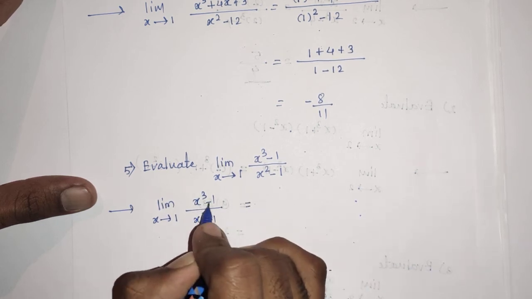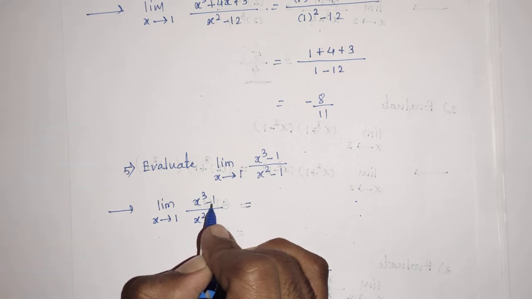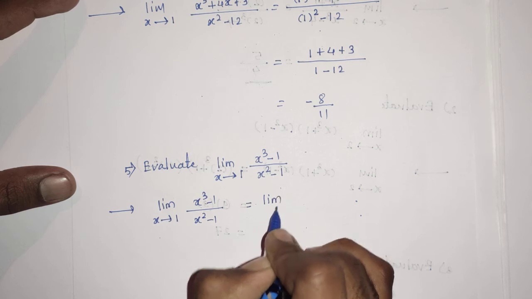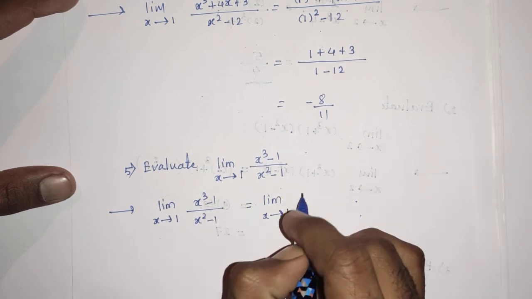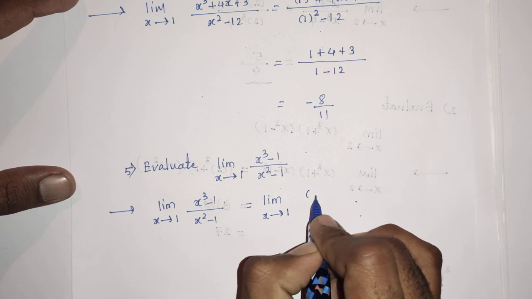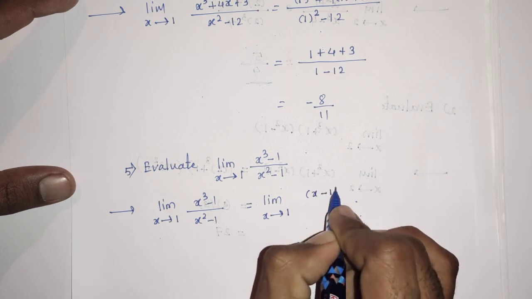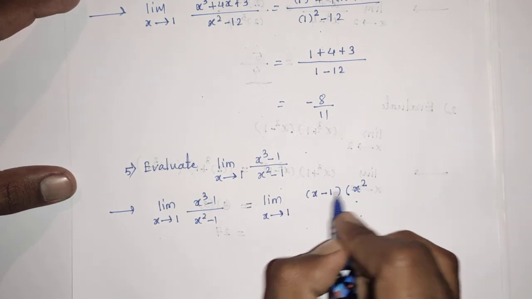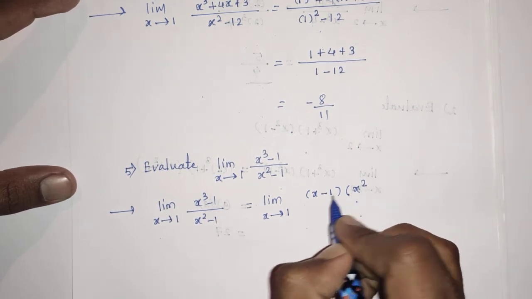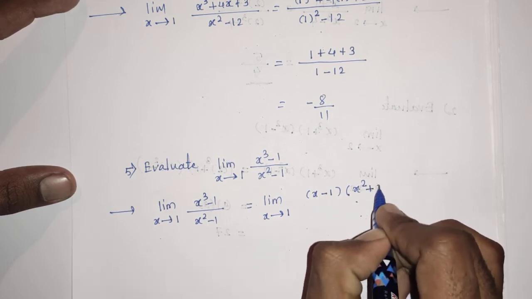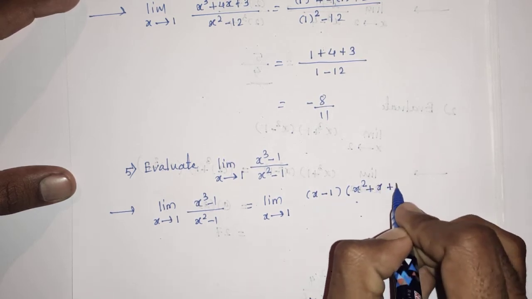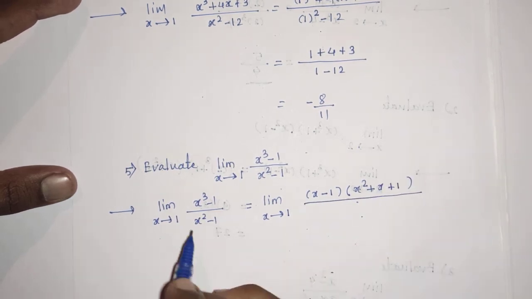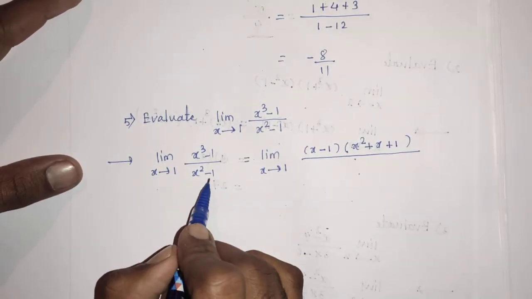So we know that a cube minus b cube, we can write 1 as 1 cube. Using the formula of a cube minus b cube, which is a minus b, we can write limit x tends to 1, x minus 1 into x square plus x plus 1 square, that is a square plus ab plus b square, divided by, again we can write x square minus 1 as x square minus 1 square.